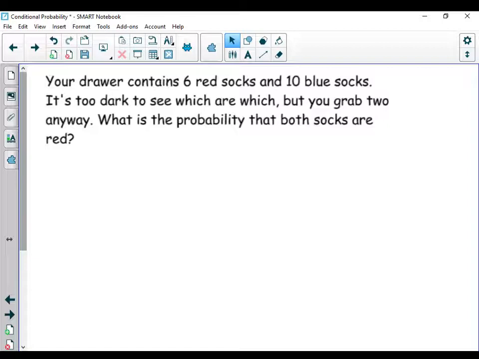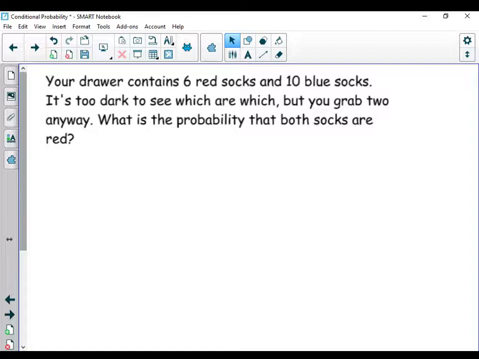Is it like you grab two at the same time, or you grab one and then you grab the second one? It could be one at a time, but notice how they're not saying you put the other one back. So whether you grab them both at the same time or one at a time, you're still going to look at that same probability.